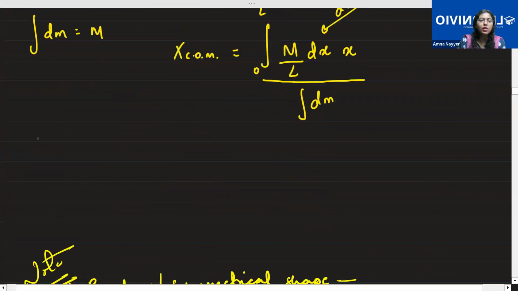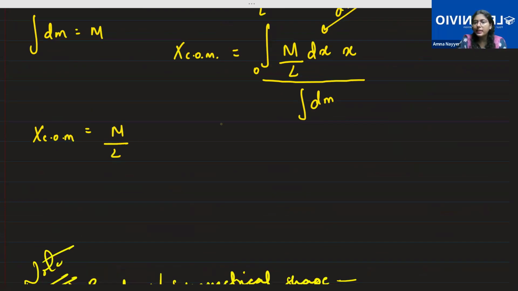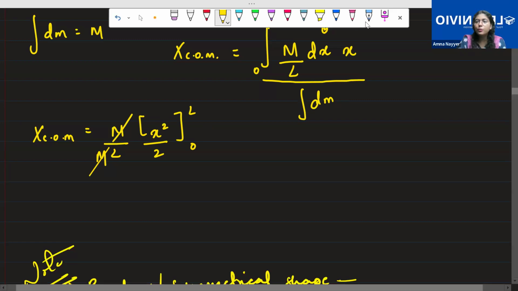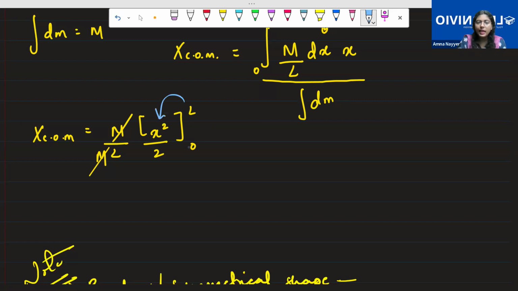Okay, so now if we solve this, center of mass will be, see, m by L taken out, integral of x, it will be x square divided by 2 from 0 to L, divided by this term, that is integral of dm, which is m, right? M will be cancelled. Now you put the upper limit and then the lower limit in place of this.